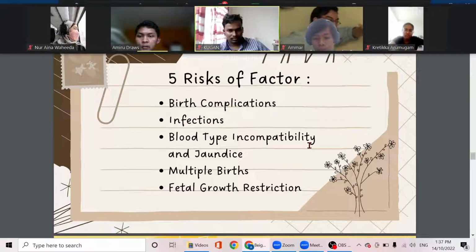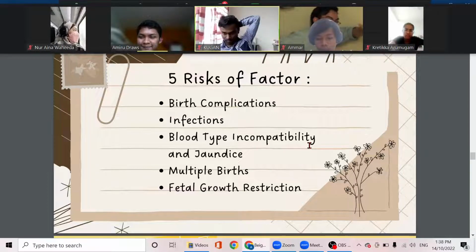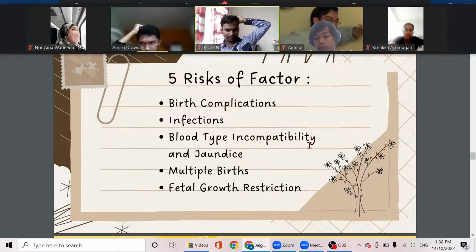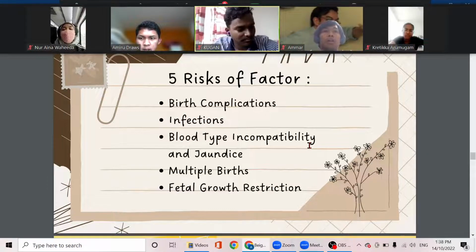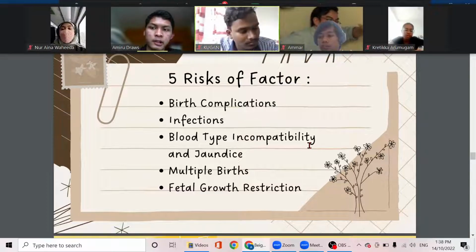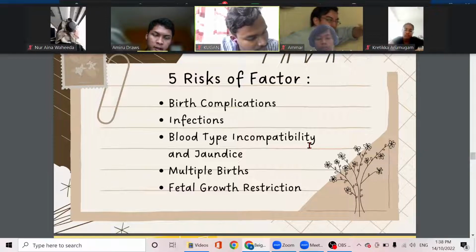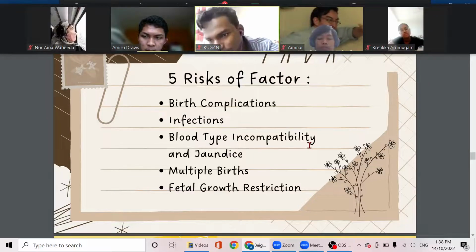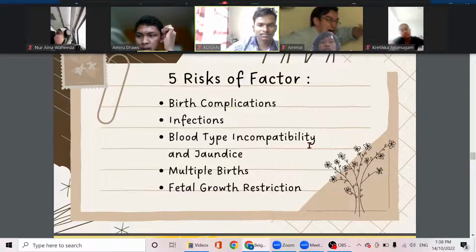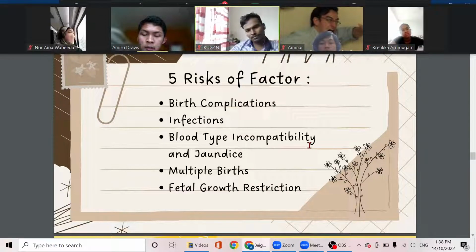Fetal growth restrictions. Fetal growth restriction is defined by an estimated fetal weight less than the 10th percentile, depending on gestational age and prenatal ultrasound evaluation.